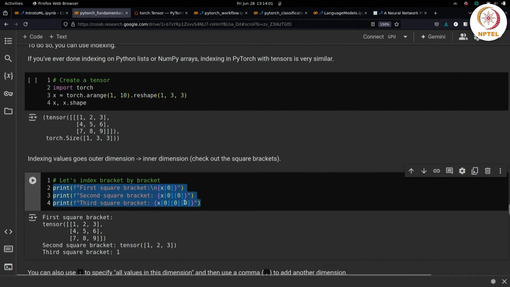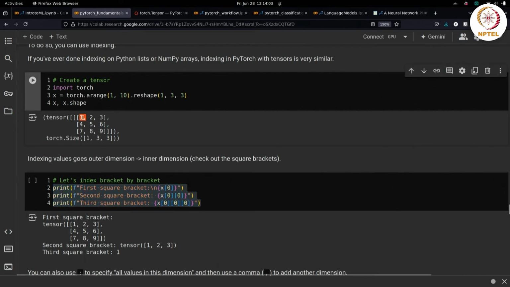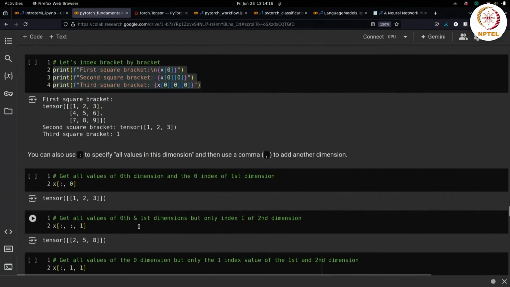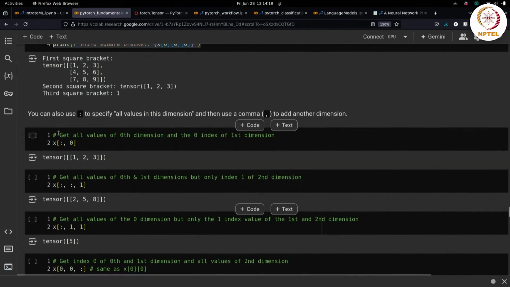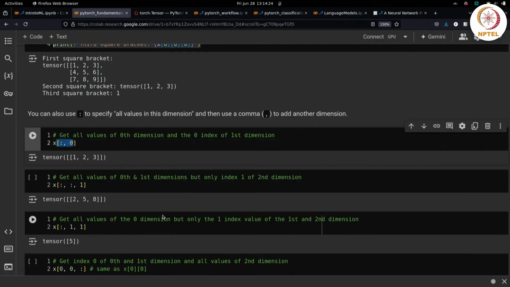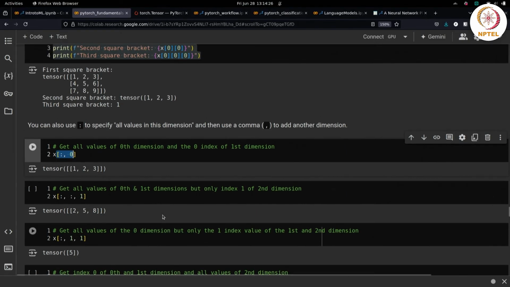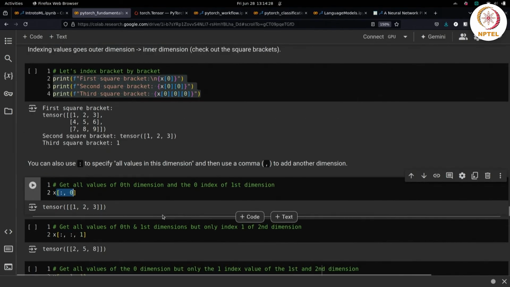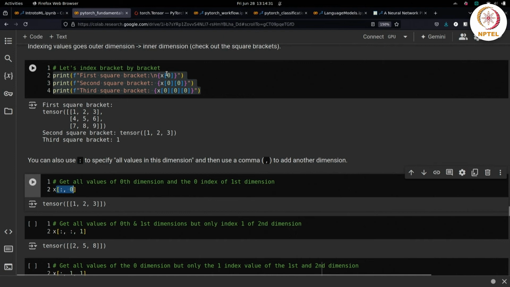So 0 of 0 of 0 would capture this element, 0 of 0 would capture this particular row, and 0 would capture this whole matrix. You can use notation like this to access a particular row or a particular element.